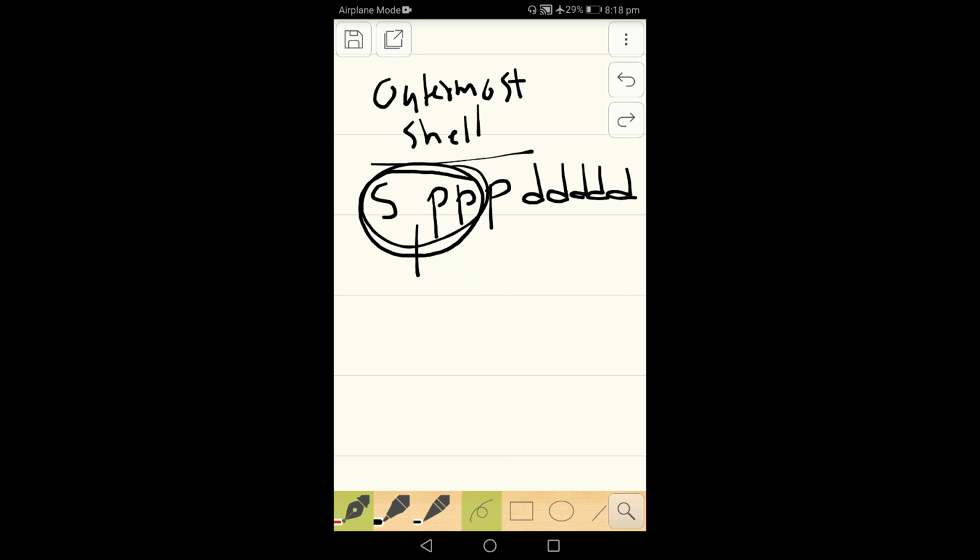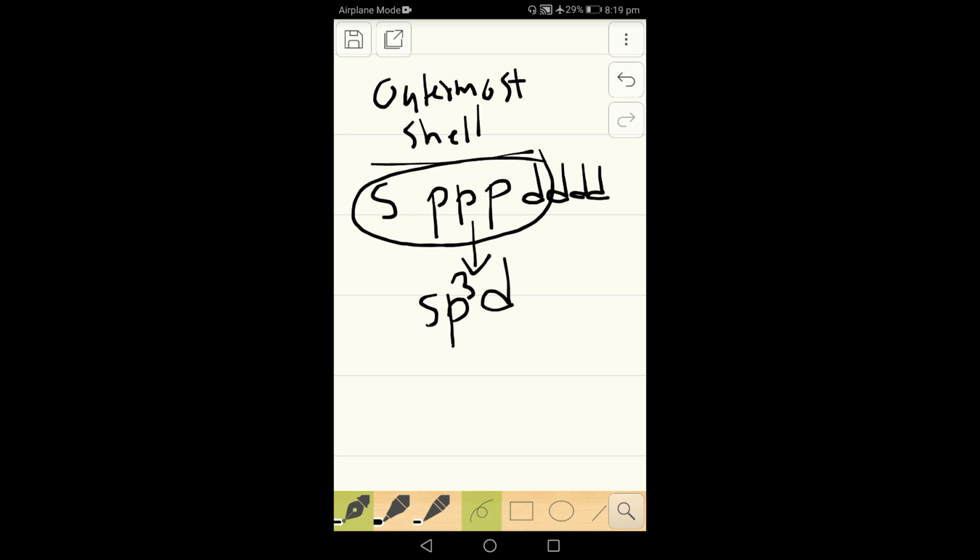Now if 1 s and 3 p orbitals mix, we will call it sp3 hybridization. Now if 1 s, 3 p orbitals and 1 d orbital mix, we will call it sp3d hybridization.